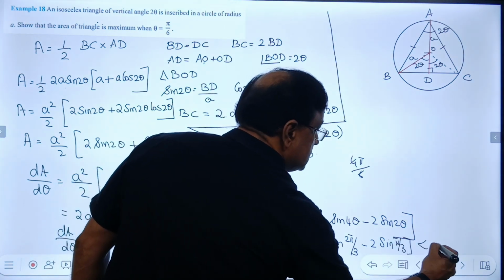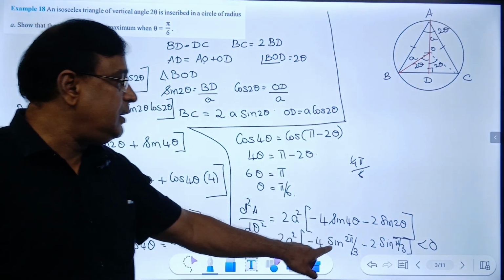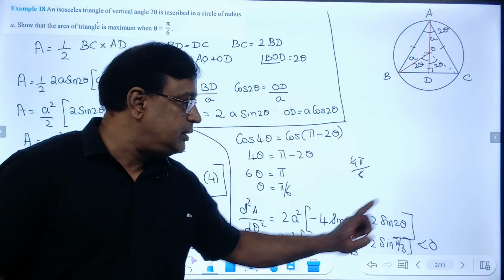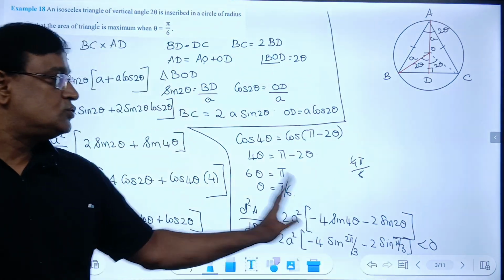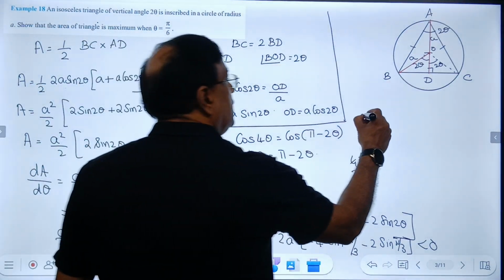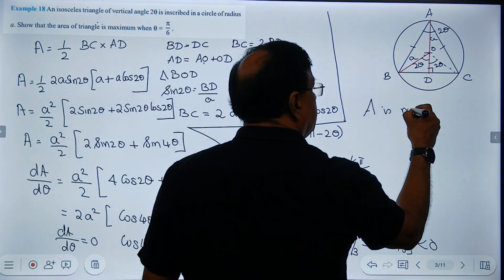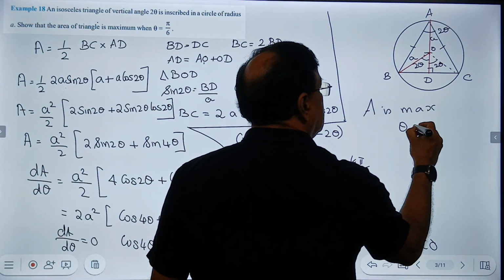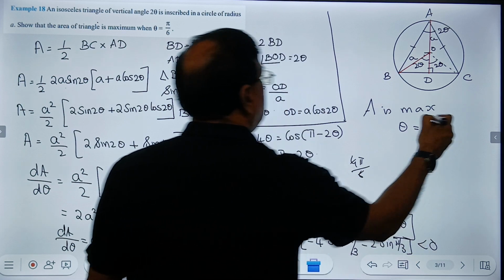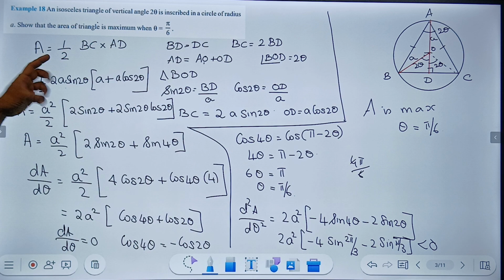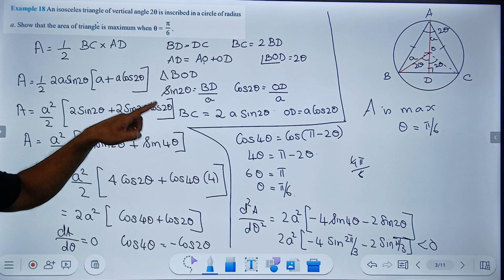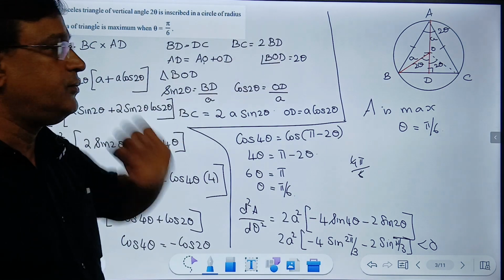So obviously this is negative because sine 2 pi by 3 is positive and sine pi by 3 is positive. So it is negative. Therefore, area is maximum when theta is pi by 6. This is what I wanted to prove. Okay, very simple, but you have to be very careful while doing this problem because a lot of geometry is involved.